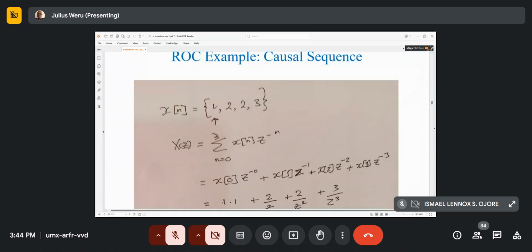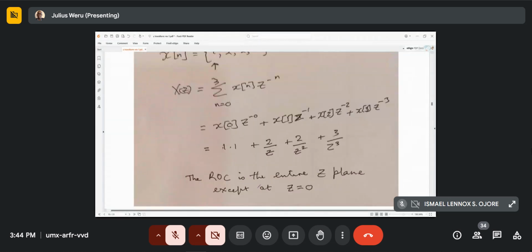And of course, with these samples, x[0] is 1, times 1, because z to the power of 0 is 1. This is 2 times z to the minus 1, which is 2 over z. This is 2 over z squared. This is 3 over z to the power of 3.